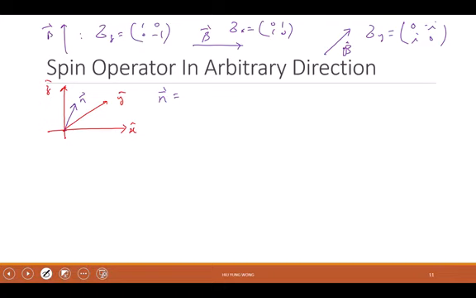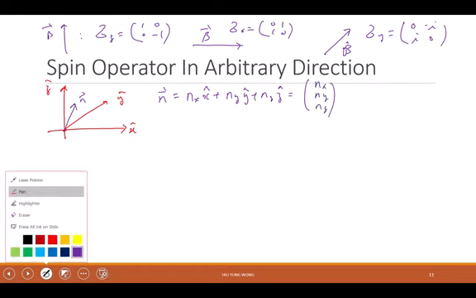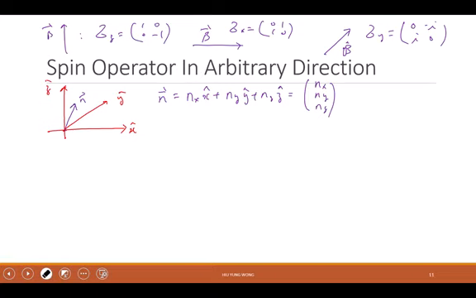The magnetic field must be in a certain direction, which is a linear combination of x hat plus y hat plus z hat. So it has components nx, ny, nz. This is what you have learned before in 3D space, that is the equation.